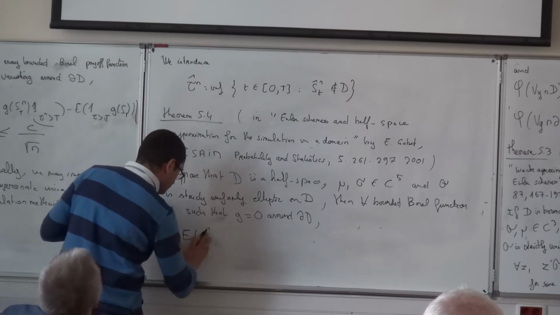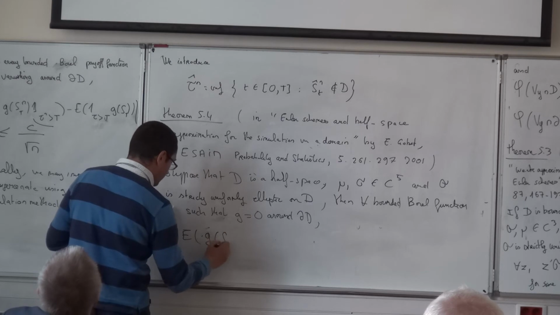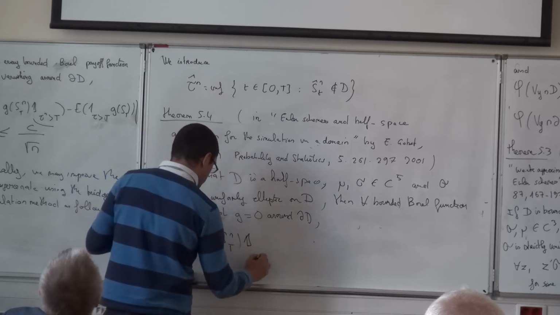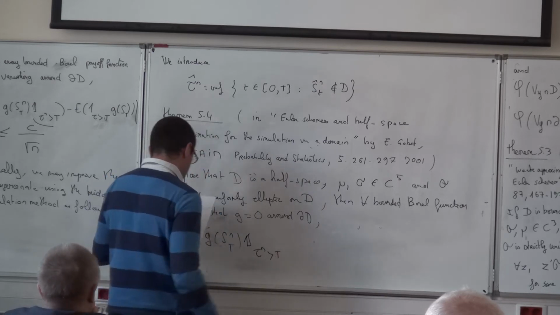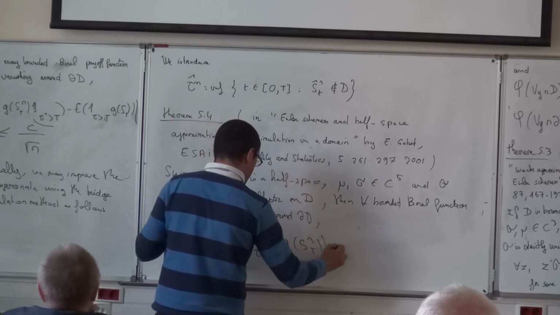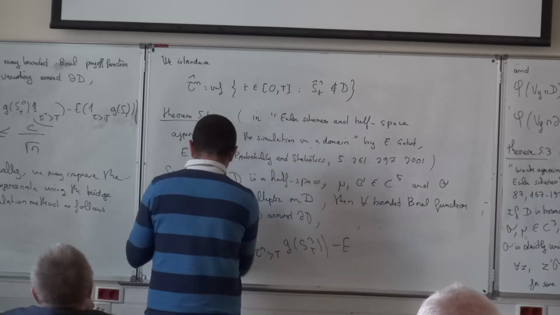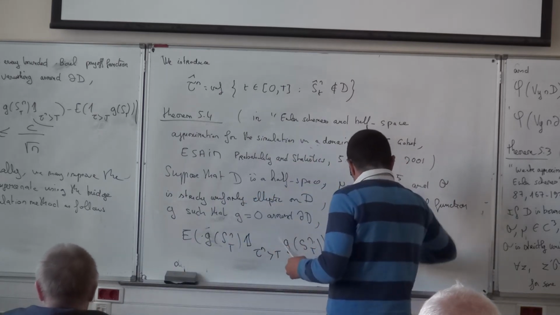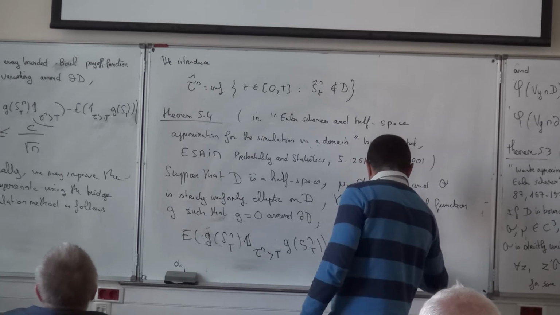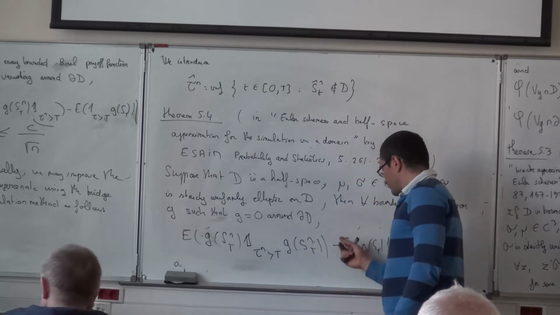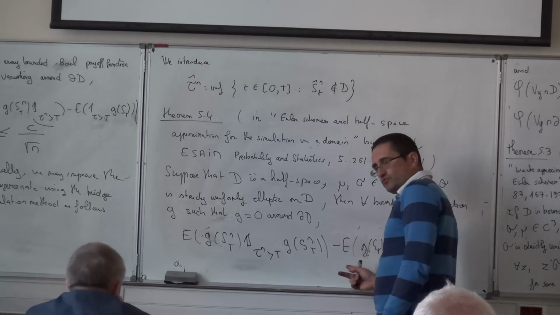So as previously, the expectation of G of S_T times the indicator function of tau n greater than T, minus the same with S hat n, in absolute value, this is the quantity we want to estimate.